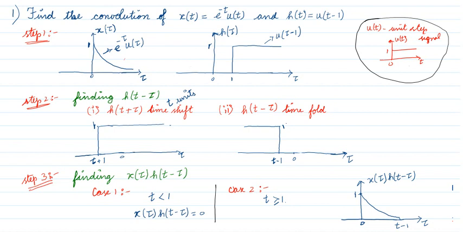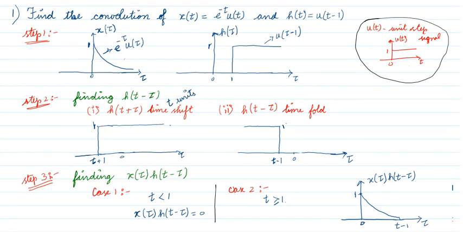So if you observe this, this is your h of tau, and we need h of t plus tau, so you have to add t. So instead of 1, it will be t plus 1. Can you understand the relation between h of tau and h of t plus tau? This signal is shifted by t time units. So instead of starting at 1, it starts at t plus 1.